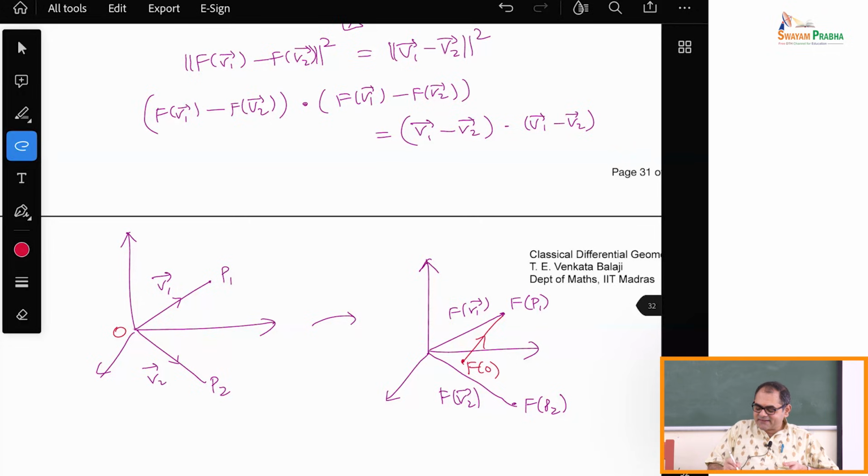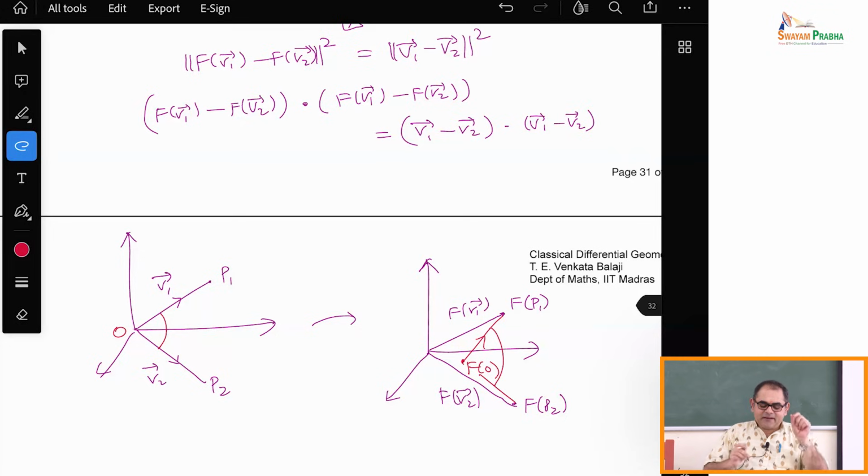And this is the vector which is f of v2, okay. And actually this angle will be this angle, okay. You have to be careful about moving the origin.